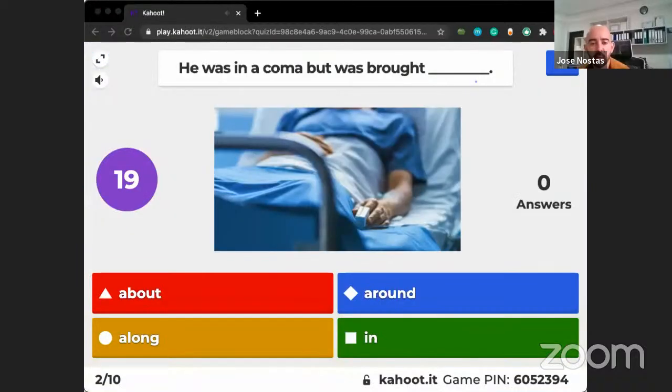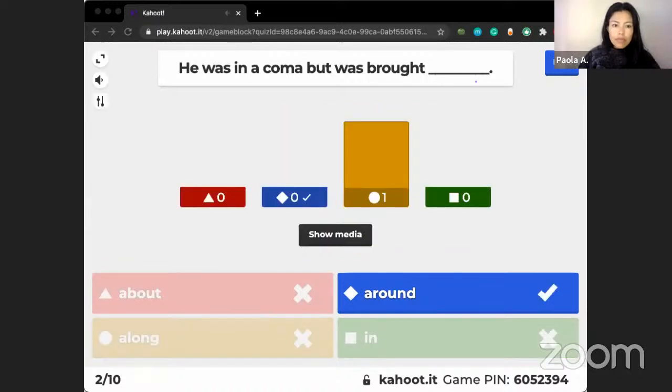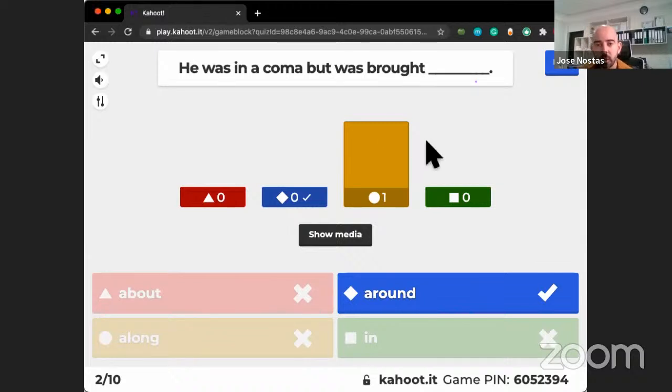He was in a coma, but was brought along, brought around. He was in a coma, but was brought around. I don't know what it means.